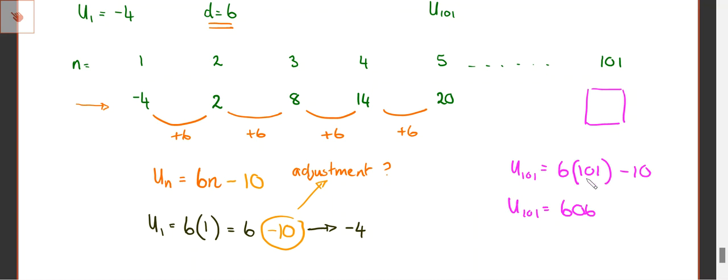We do the multiplication first, 606, minus 10. 606 minus 10 is? Which is lucky because that's the answer we got before, and if we got two different answers to the same question, we'd be struggling somewhere. But we didn't, we got the same answer. Okay.